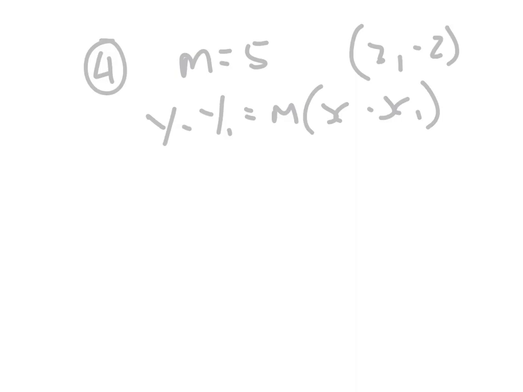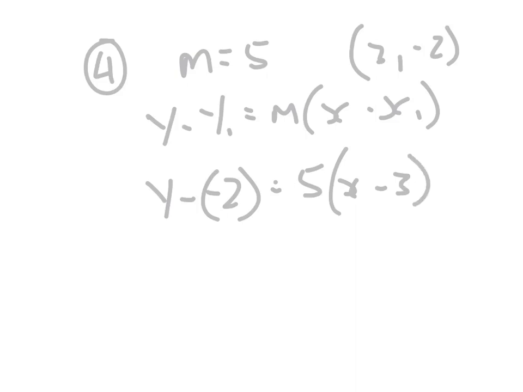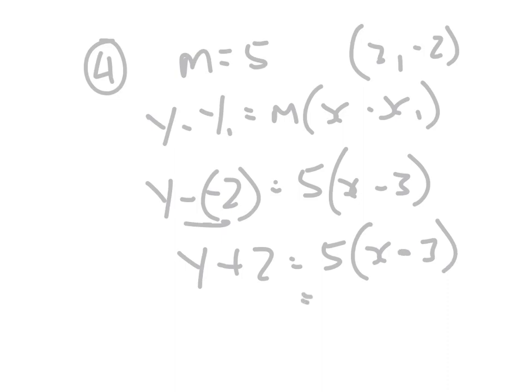So it's going to be y minus -2 equals your slope, which is 5, times x minus 3. Tidy up this part, so you've got y plus 2 equals, and then you can leave it at 5 times x minus 3 if you want at this point, or you can distribute, which is going to give you 5x minus 15.